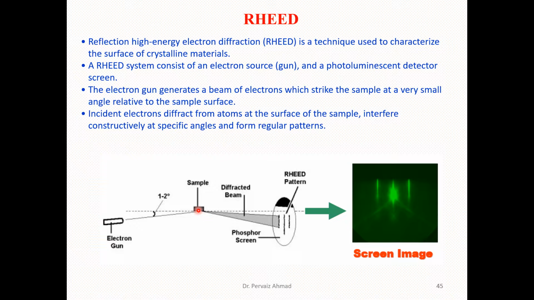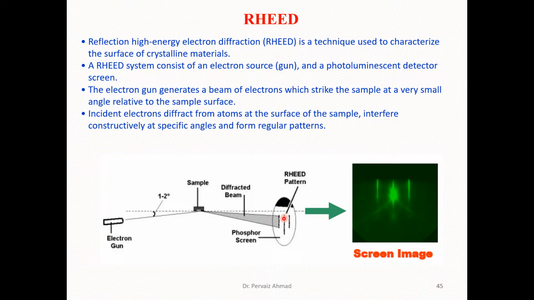After that, they interfere constructively at specific angles, just like you can see here. These angles mostly range from 1 to 2 degrees, and form irregular patterns. This is the RHEED pattern.